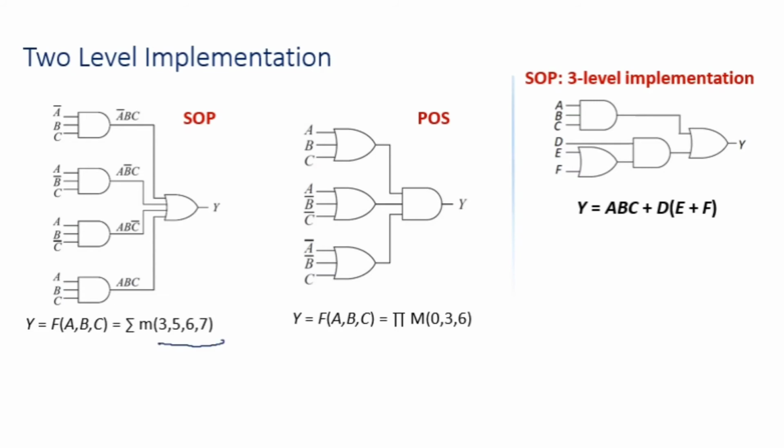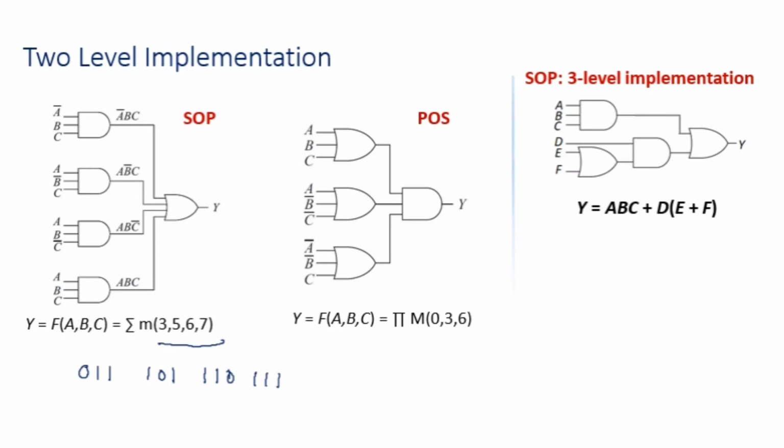These can be put into a K-map and minimized, but in case you do not want to minimize, you can draw a circuit directly. This 3 in binary is equivalent to 0, 1, 1, and 5 is 1, 0, 1, 6 is 1, 1, 0, and 7 is 1, 1, 1.